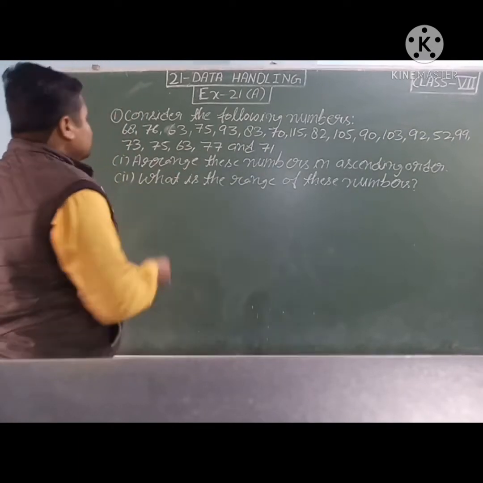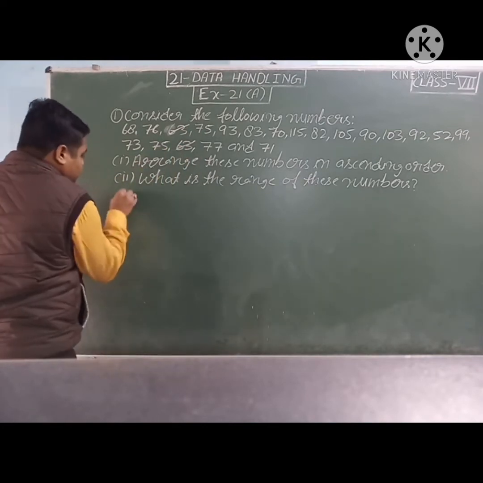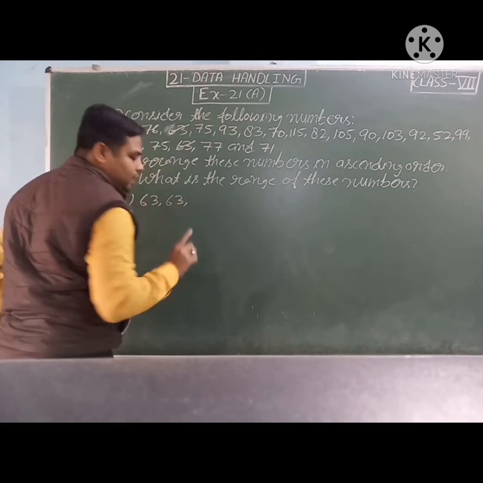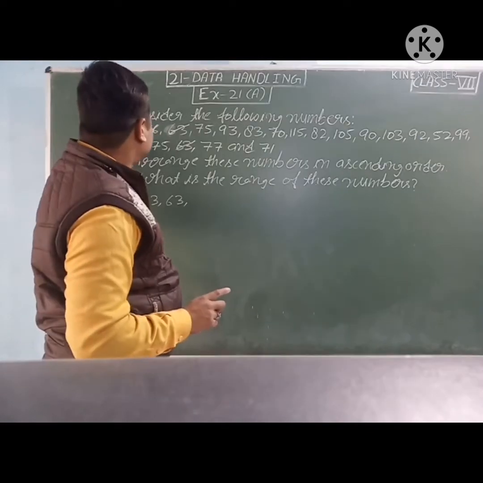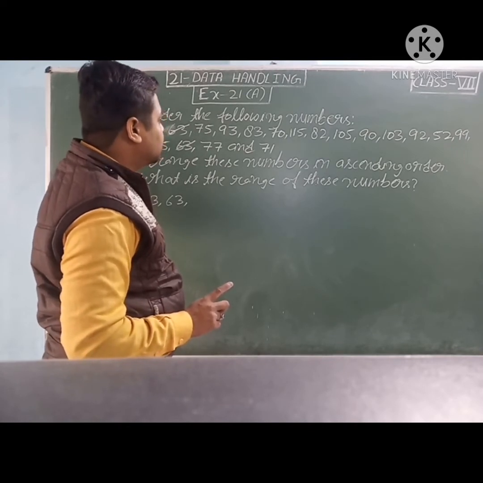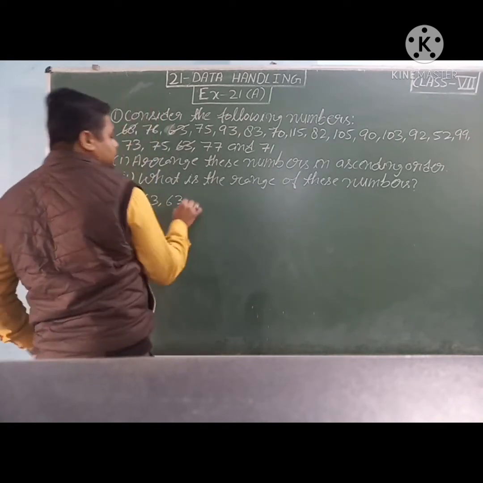No number. So we will cut these two 63s, and for first part, here we will write 63, 63, twice we will write. After 63, what number? 68. Any other 68? No. So we will cut this 68.